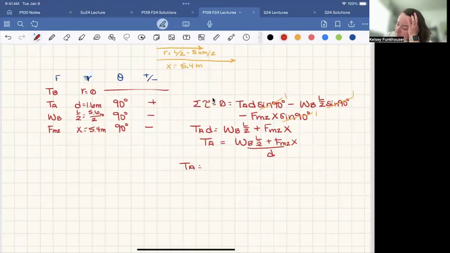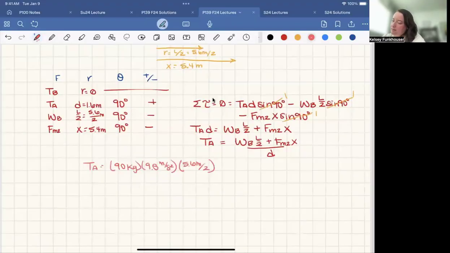Okay, let's see. Maybe I'll actually take up a little more room. We'll move over here. So tension in A equals weight B. So our beam has a mass of 90 kilograms, or a bar, I guess is what they're calling it, times 9.8 meters per second squared, and then 5.6 meters divided by 2 for the distance.